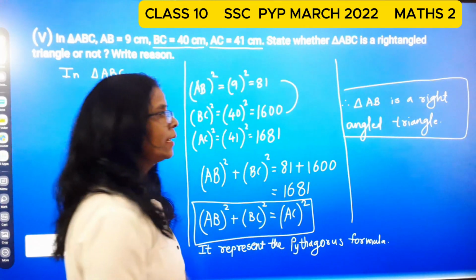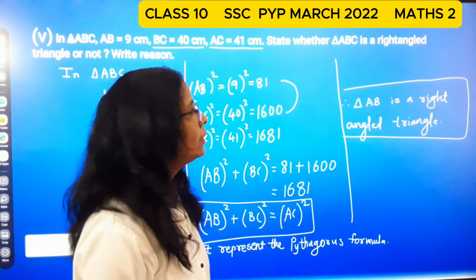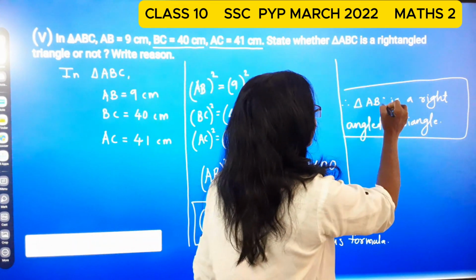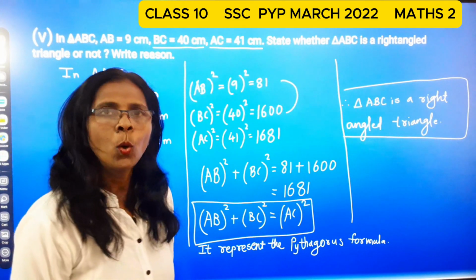Then write down that triangle ABC is a right angle triangle. Okay, students.